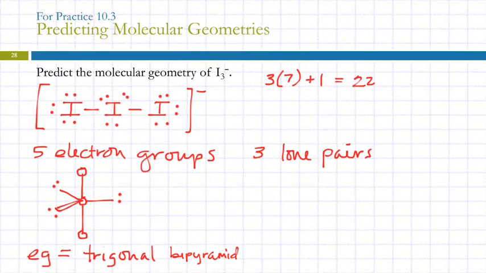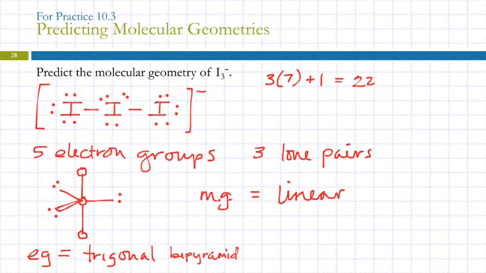The molecular geometry: pretend that the lone pairs are invisible, and describe what's left. It's linear, right? So the molecular geometry is linear. Any questions?